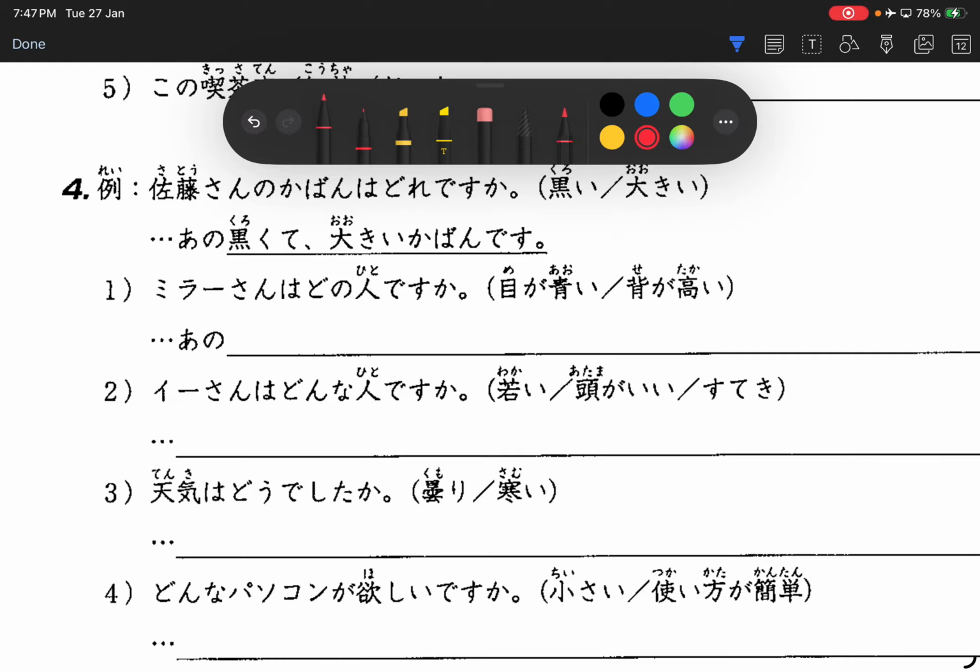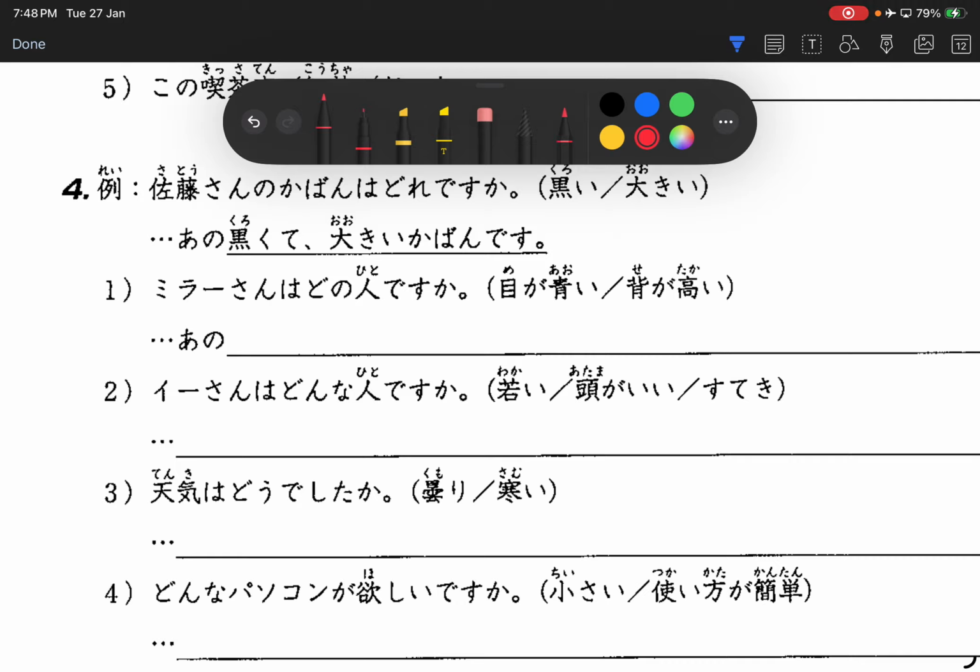Okay, number 1, sorry. ミラさんはどの人ですか？目が青くて背が高い人です。Okay. I will say あの人は目が青くて背が高いです。Right? Because they say あの, so we want to say あの人, like that person. Rather than that eyes is blue, that bag is tall, or that person is tall, that height is tall.